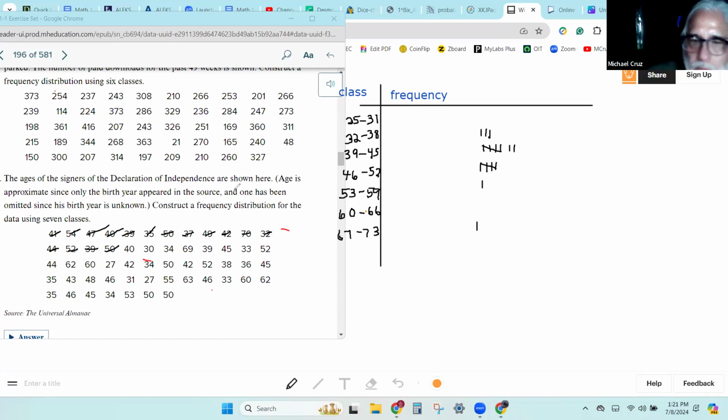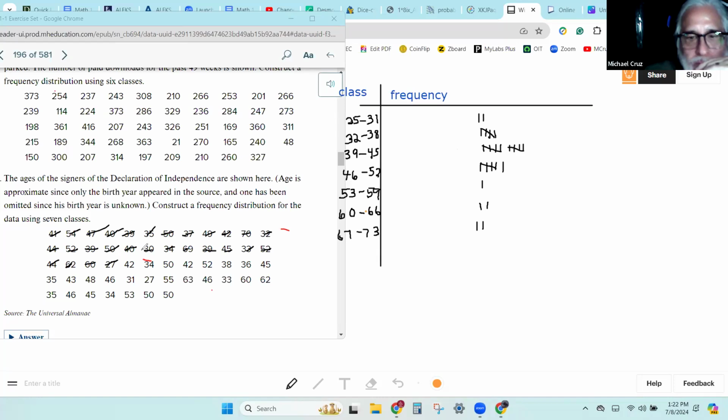And then 40. 30 is going to be up there. 34 here. 69, there next to our 70-year-old guy. 39. 45. 33. 52. 44. 62. 60 goes in there as well.